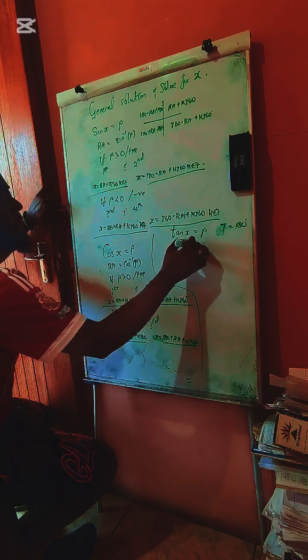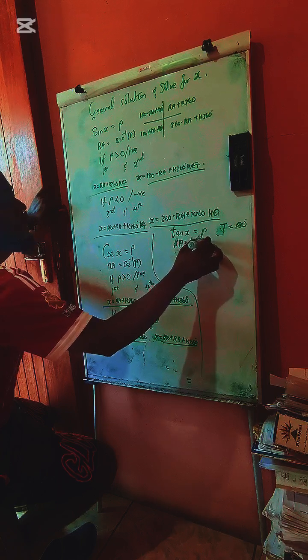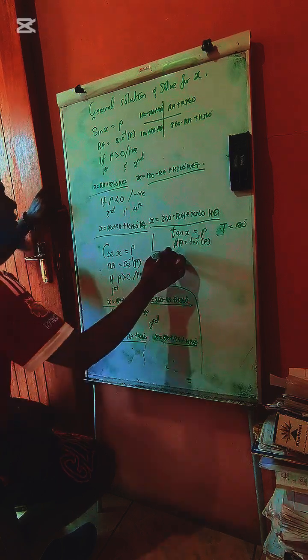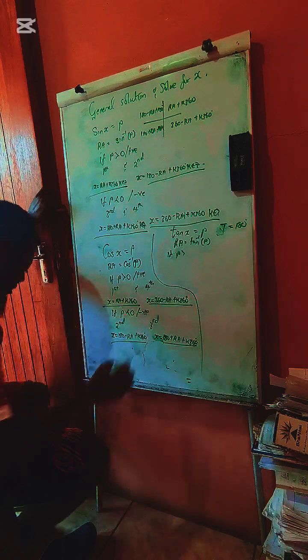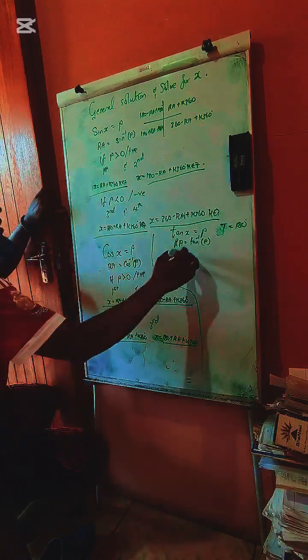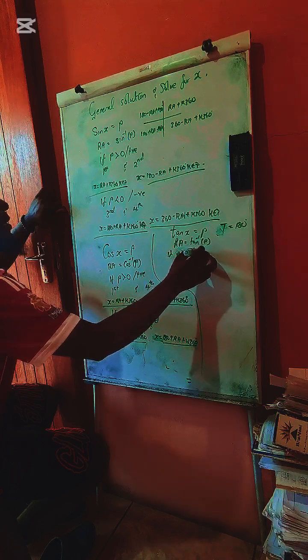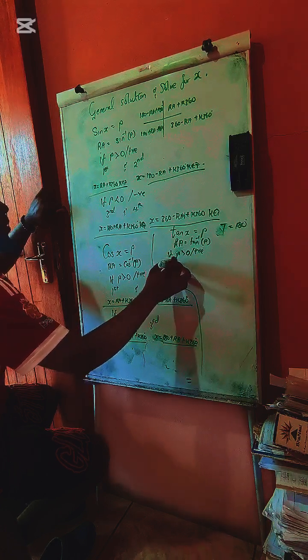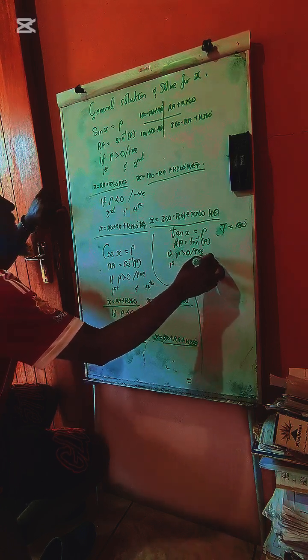Same thing first: the reference angle is arctan of p. Then, if p is greater than 0, which means positive, tan is positive in the first and third.